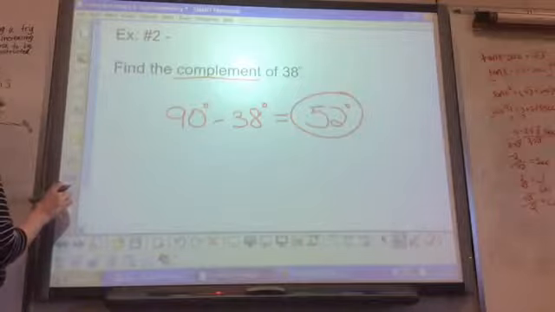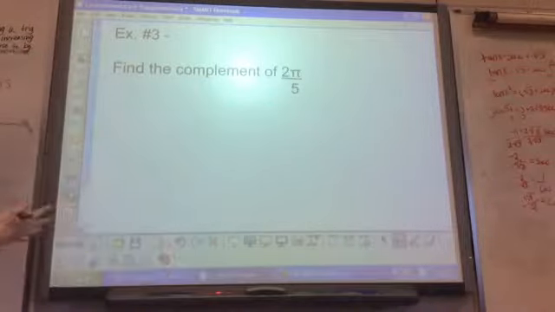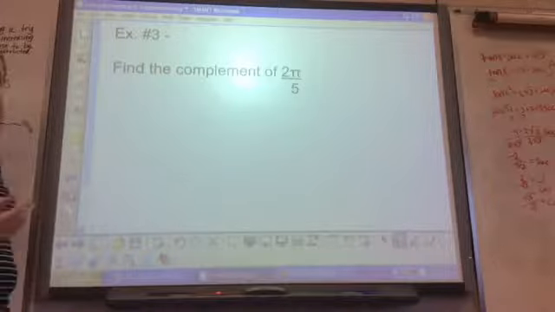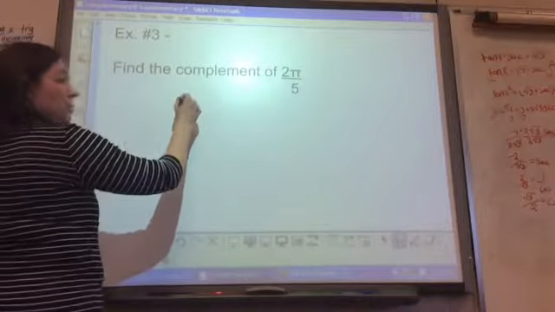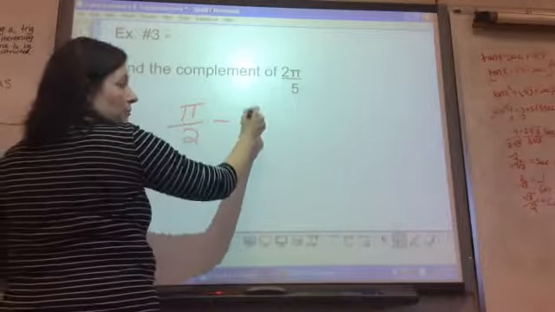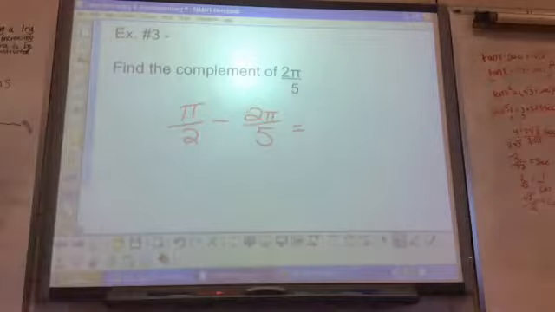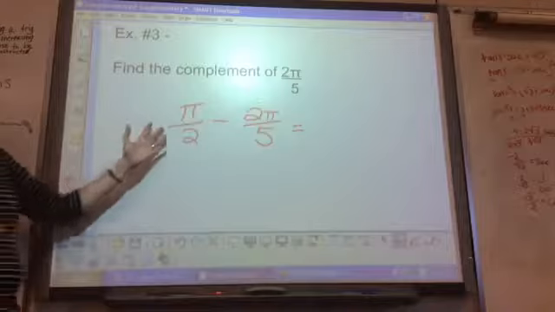So let's make sure we're good with that. When they are in radians, we need to stay in radians. So I'm not going to do 90 minus. Now I'm going to do pi halves minus whatever. So if I go radian all of a sudden, you just stick to what they're doing. All right, so this is pi halves minus.